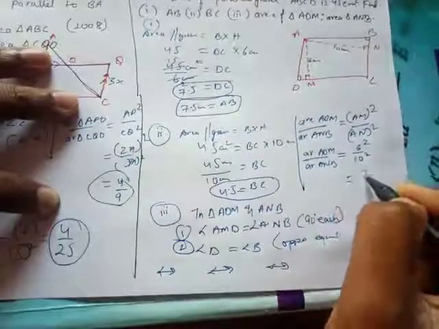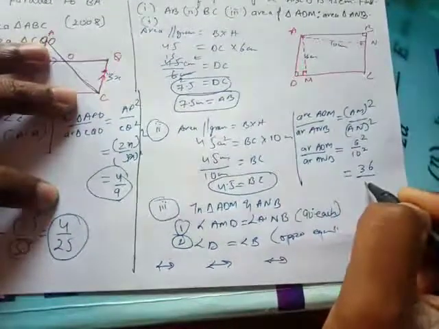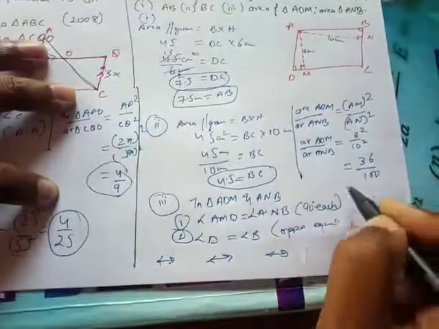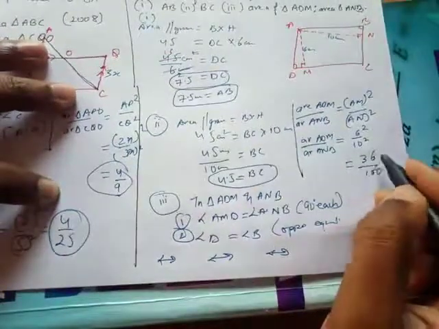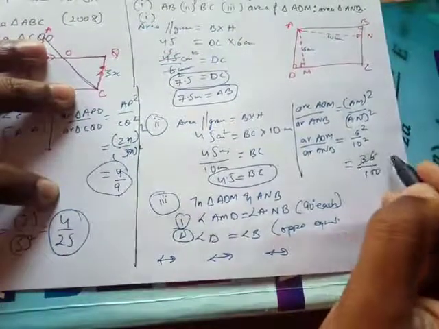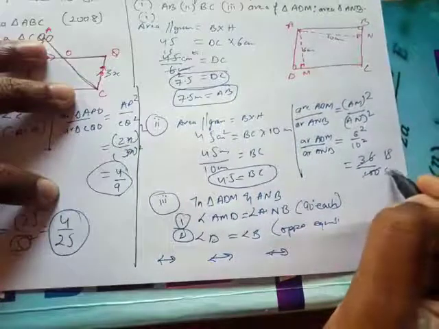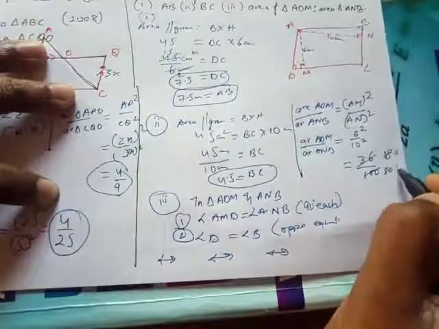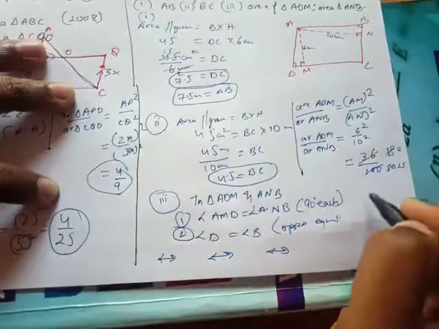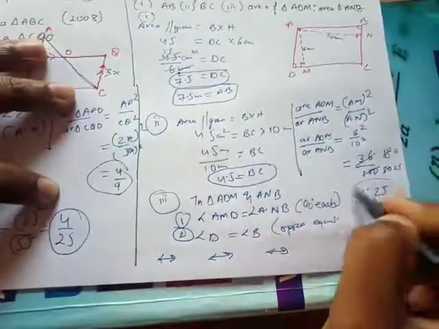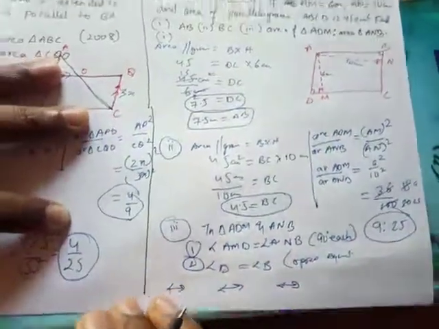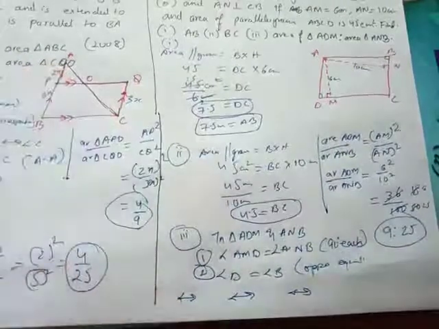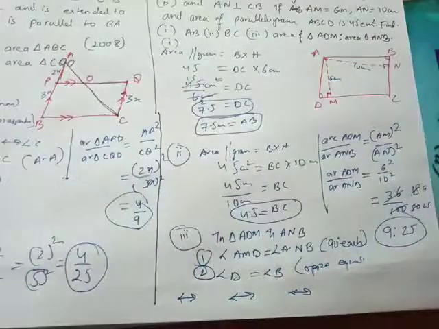When I solve this, I'll get 36 over 100, and my answer is going to be in ratio. Dividing by 4, this is going to be 9 and this is going to be 25. So my ratio is 9:25. That's my answer. So that's how you do questions which are based on area.